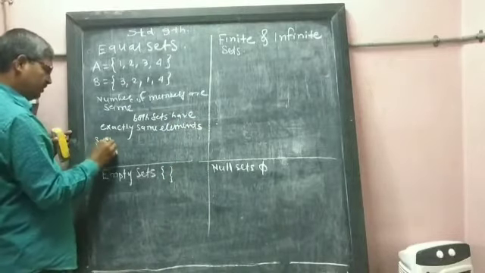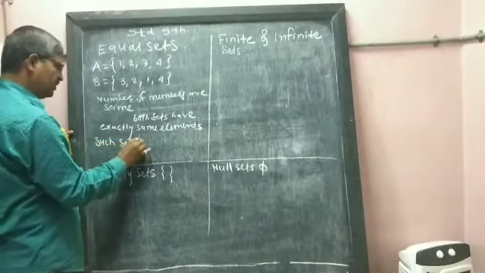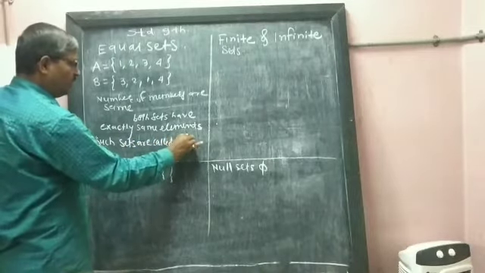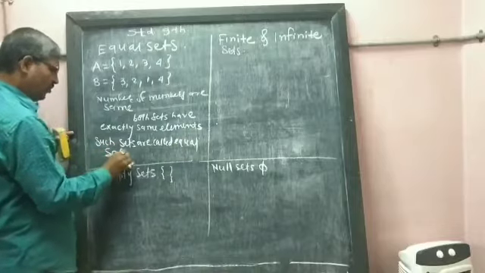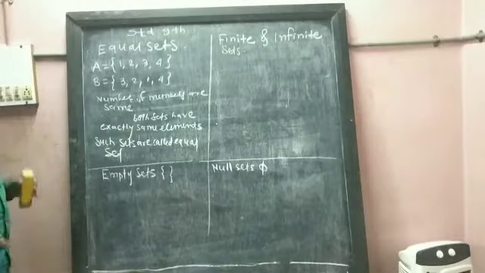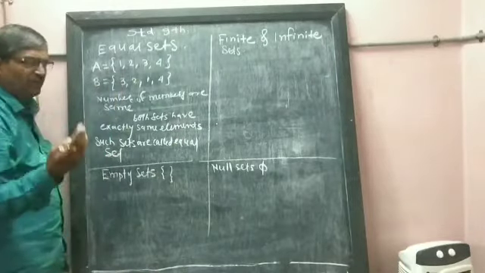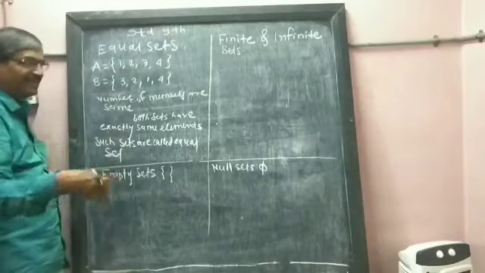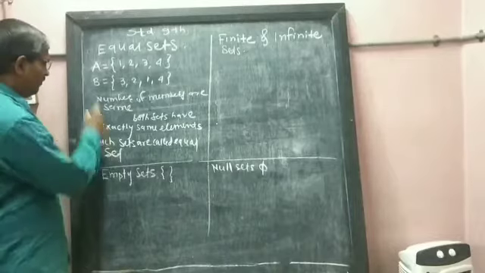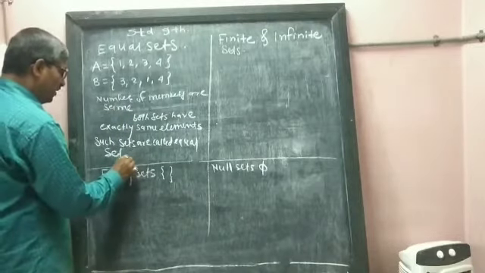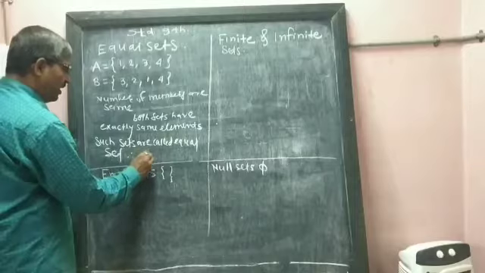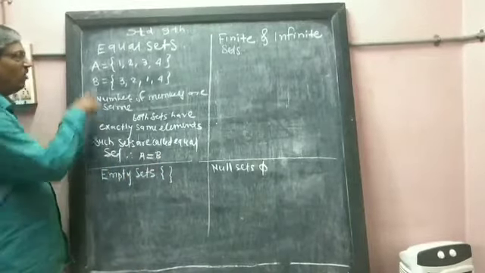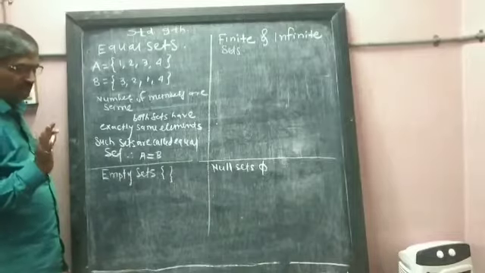Such sets are called equal sets. One more time, in set A there are 4 elements and exactly the same elements are present in the other set also. Therefore, A is equal to B; the equal sign is the symbol for equal sets. Do you understand here?